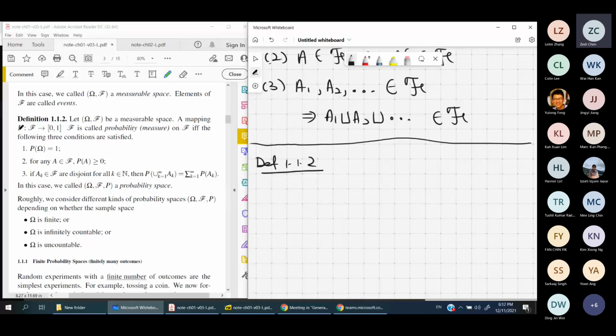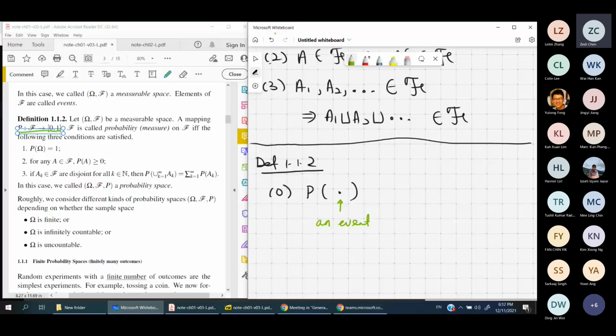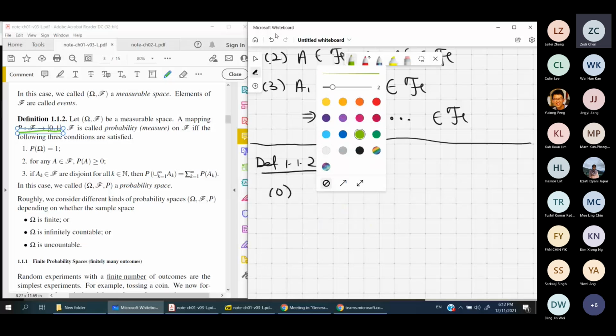Again, first of all, number 0: P must be defined on something here, a function on F. We associate an event to a number. P will associate one event to a number.